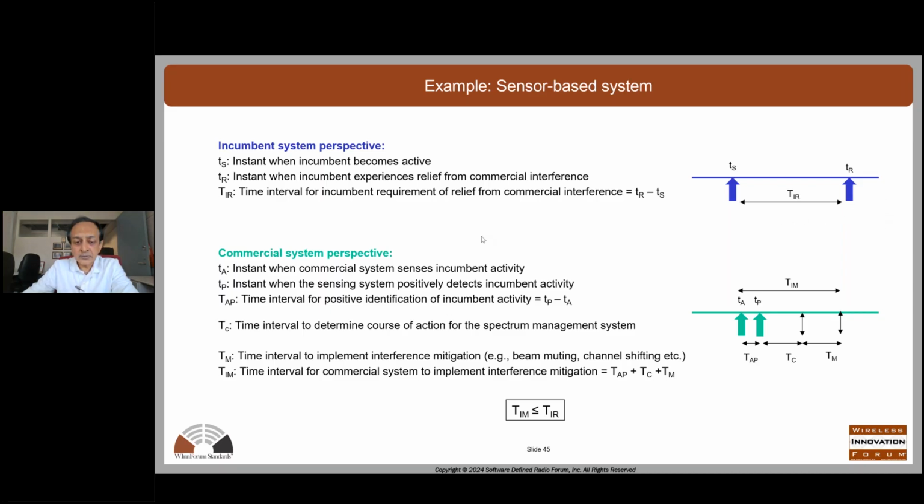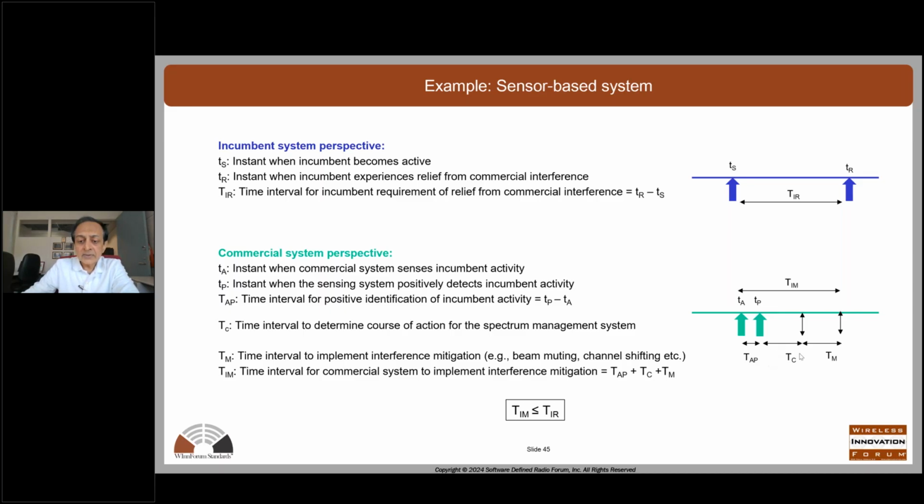Now, how does that translate to the commercial system? Again, this is a sensor-based system. So T sub A, let's say, is the instant when the commercial system senses incumbent activity, and T sub P is the instant when the sensing system positively detects incumbent activity. Just because it senses something does not mean it can positively identify it. So there is some sort of a time gap between T sub A and T sub P, and T sub AP is the time for positive detection.